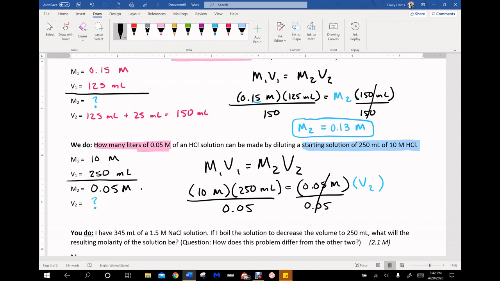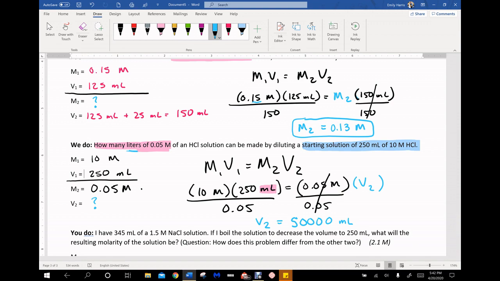Woo, that's crazy. So our V2 is going to be 50,000. Now, here's the question. What are our units for volume in this case? The way we know that is that volume 2 is going to have the same units as volume 1. Right now we are in milliliters.